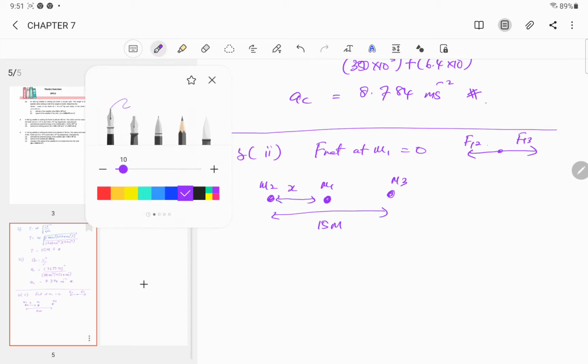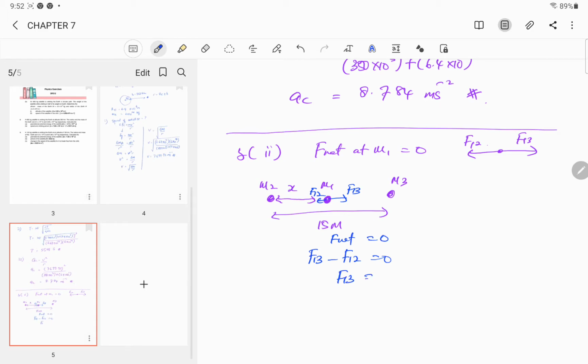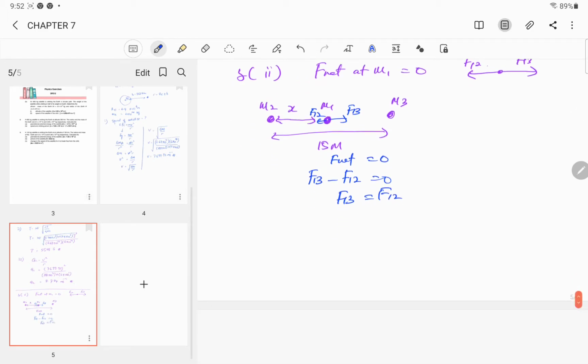Okay, so soalan cakap, F net at M1 equal to 0. So kat sini F13, kat sini ada forces F12. F13 minus F12 equal to 0. Because F net at M1 equal to 0, so F13 equal to F12.